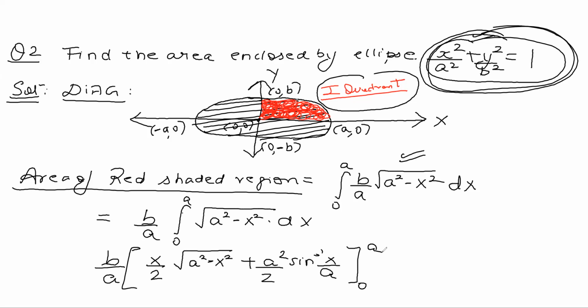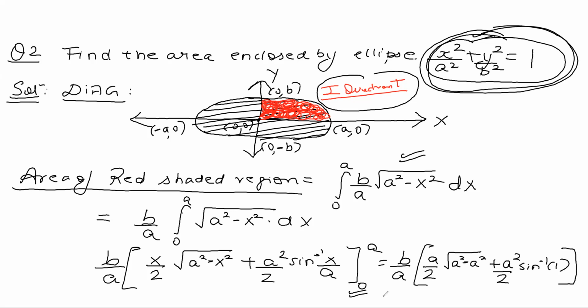Now I can plug it in. So I first put a. So a by 2 into under root a square minus a square becomes 0, plus a square by 2 into sine inverse of a by a, which becomes 1. And guys, if I put 0 in the expression, everything anyways becomes 0. So my red shaded region area is b by a into a square by 2.